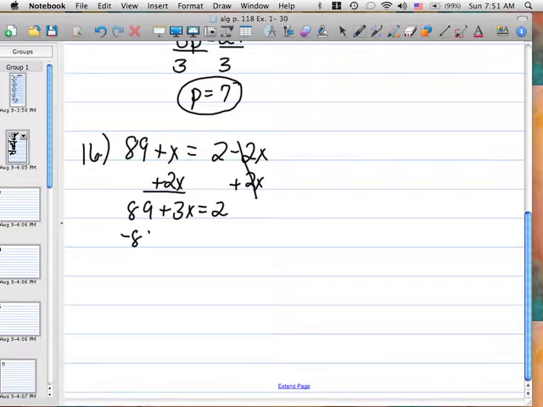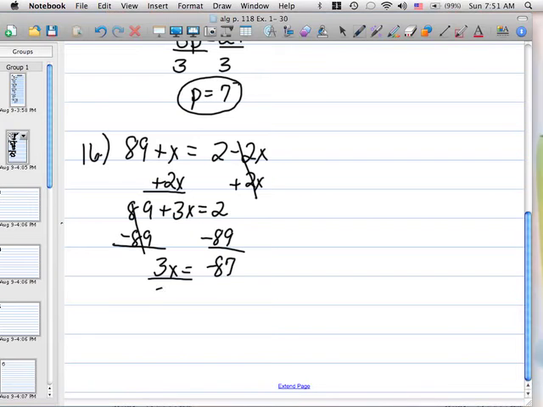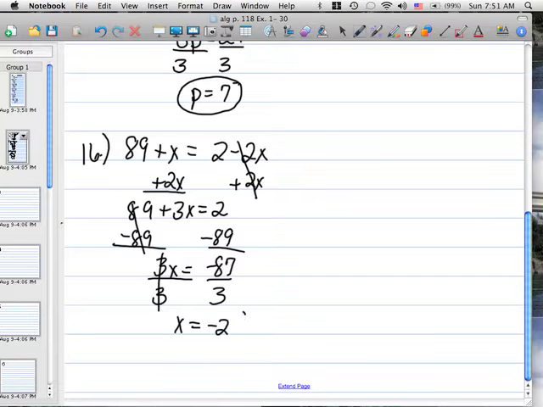Subtracting 89 from both sides to solve for x, 2 and a negative 89 would be negative 87. So we have 3x equals negative 87. Dividing by 3, x equals negative 29.